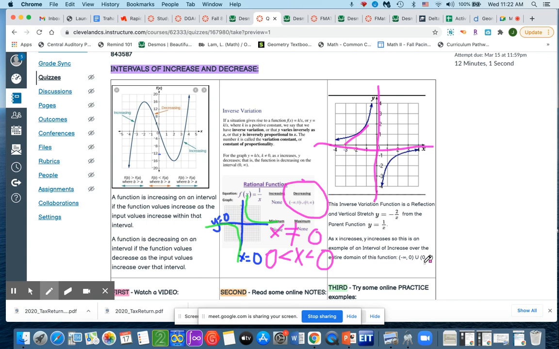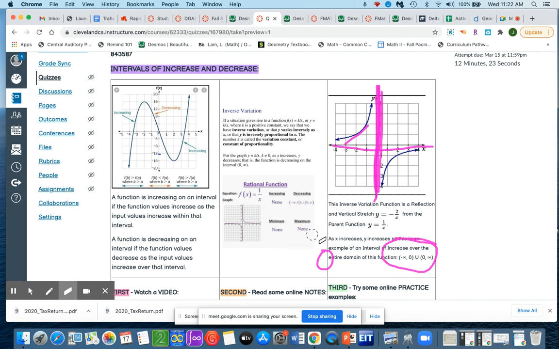So this has the exact same domain because this asymptote right here tells you the one value of x that's not a part of your domain. Alrighty. So that's how intervals of increase and decrease work. You figure out which one it is, and then you identify the domain based on the asymptotes, and you're good to go. That make sense?